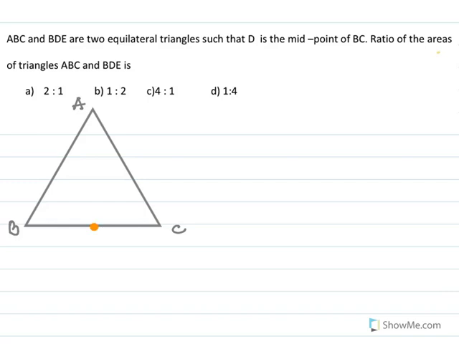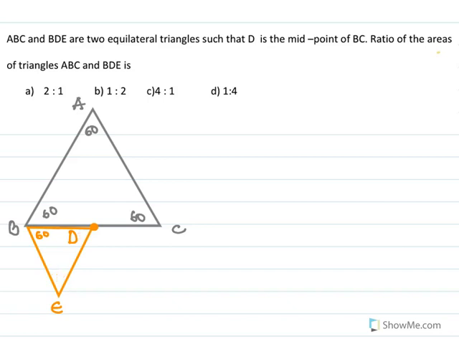Here is D, the midpoint of BC, and there is another equilateral triangle BDE. Now both of them are equilateral, which means the angles are 60. This angle is 60, 60 and 60. And also this one is 60, 60, 60.